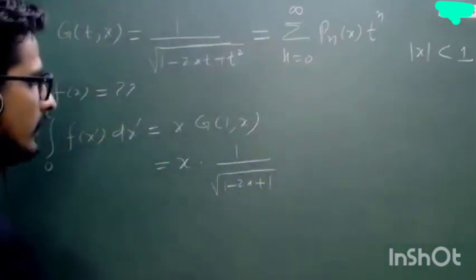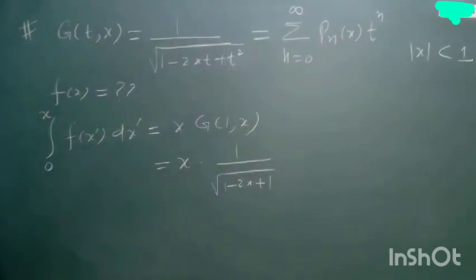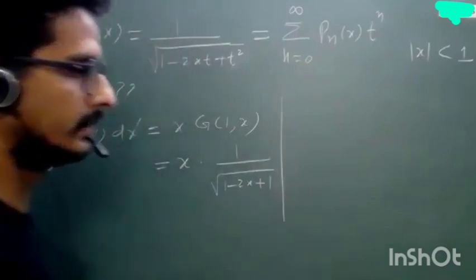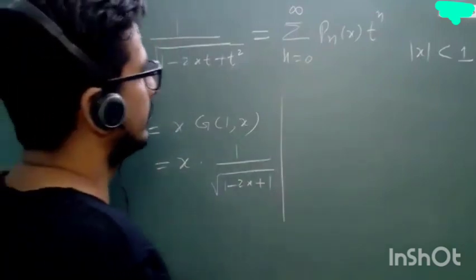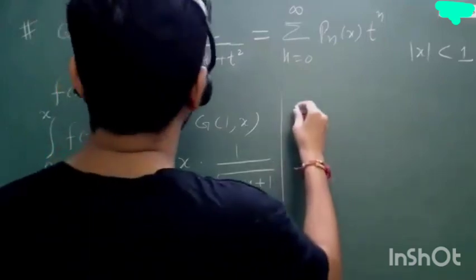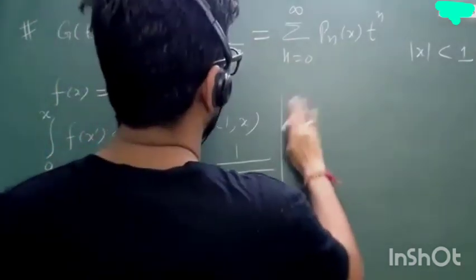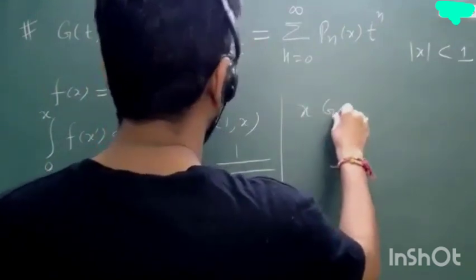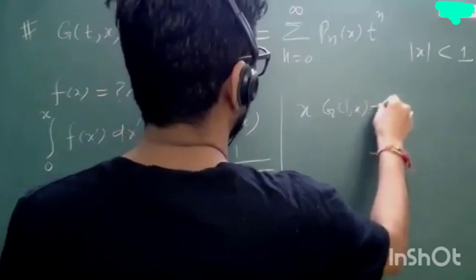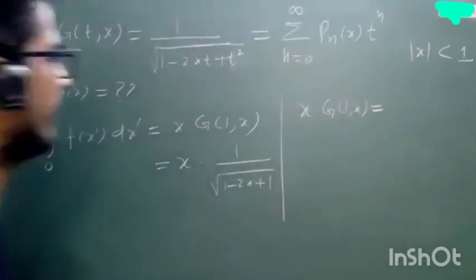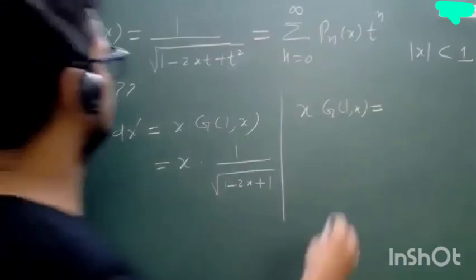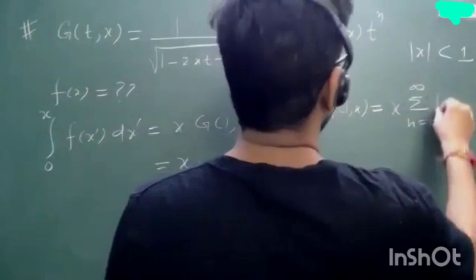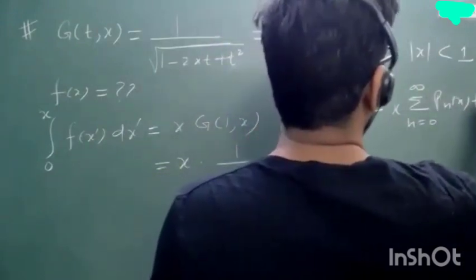So x into this summation, Pn with x into this, g of 1 comma x. And what about this side? It will become x into summation n equals 0 to infinity Pn x into t to the power n.